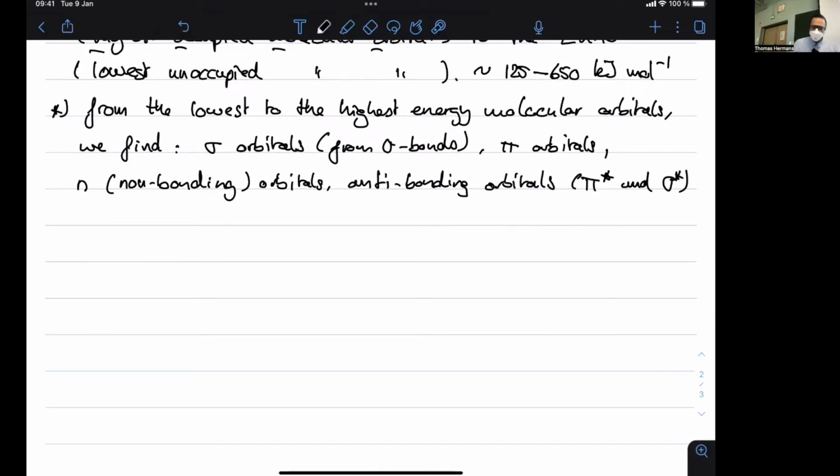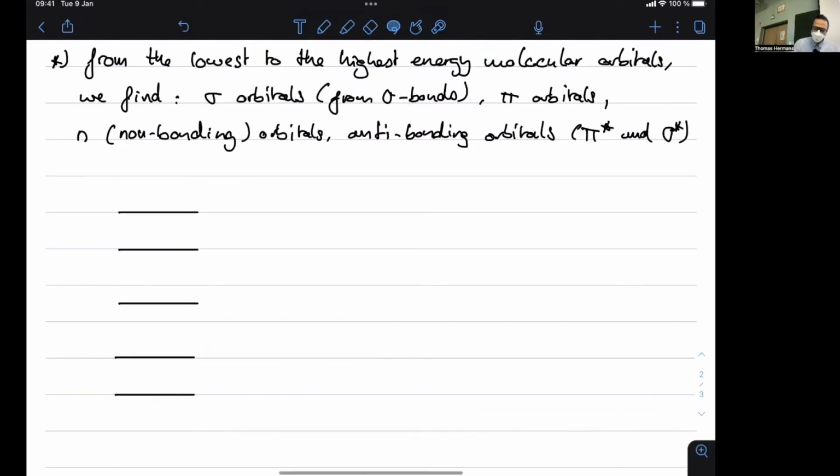Okay, so let's draw some energy levels. Yeah, this you cannot do on paper. That's too bad, huh?